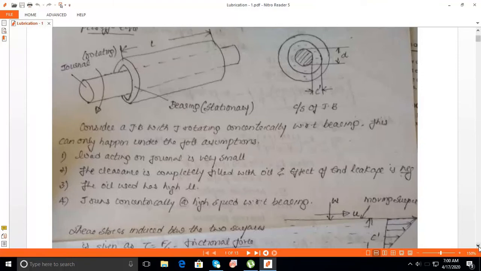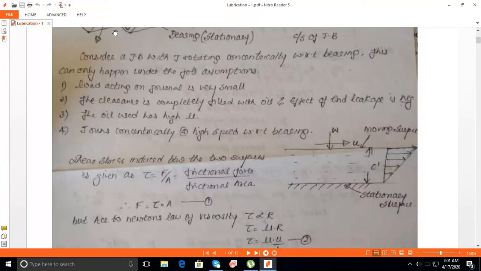In this sketch, the bearing, which is a stationary member, is at the lower part, and the journal, which is the moving or rotating member, is the upper moving surface. Between these two surfaces it is filled with lubricant, and the load acting is W.